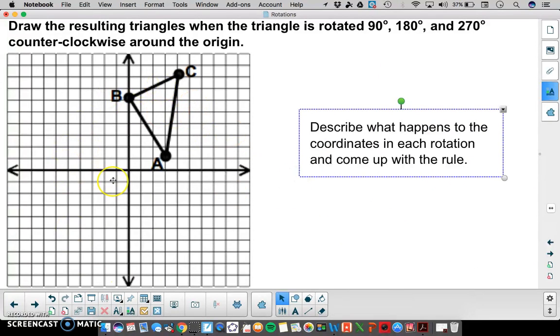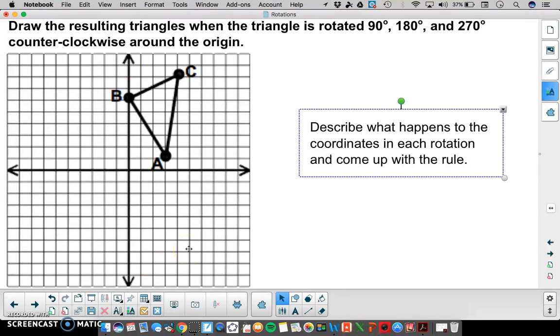In this problem, we're now drawing the resulting triangles when the triangle is rotated 90 degrees, 180 degrees, 270 degrees, counterclockwise around the origin. So now we're going to be taking this triangle A, B, C and rotating counterclockwise.